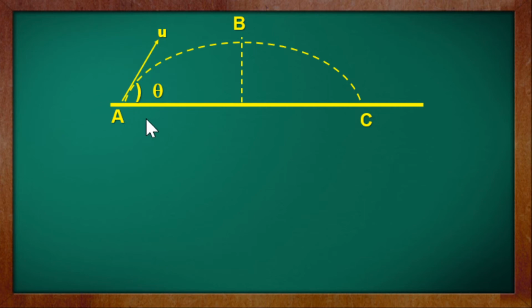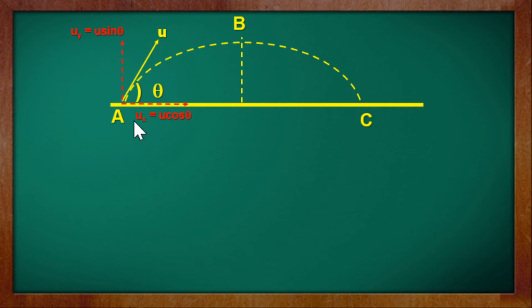As it moves, what is its velocity along the horizontal? What is its velocity along the vertical? What is the nature of motion of the projectile along the horizontal? What is the nature of motion along the vertical? All that we can understand from this particular diagram. So first we are going to resolve this vector into components, one along the horizontal and the other along the vertical.